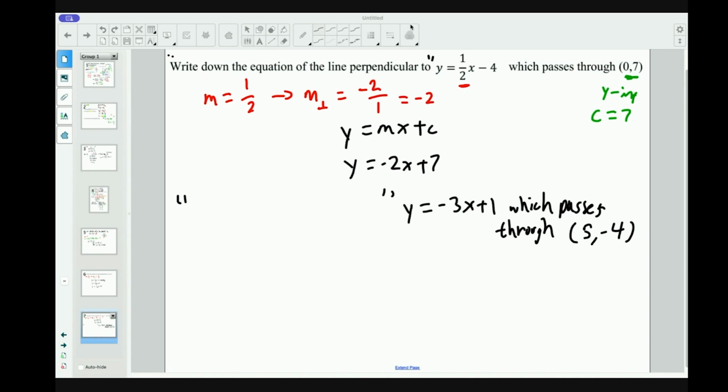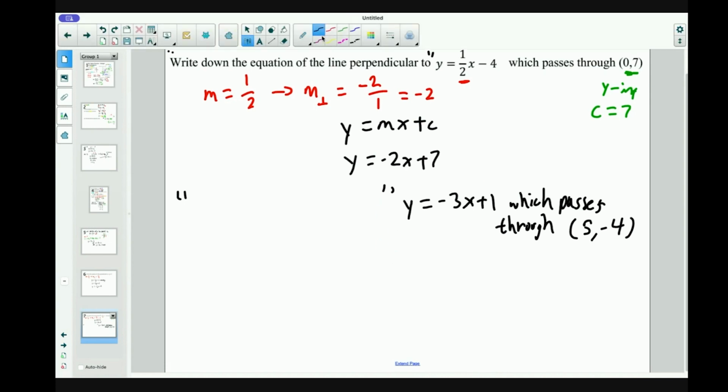See if anyone in the chat is able to help out here. Negative 1/3. We're very close. So we'll point out that our original gradient is negative 3.